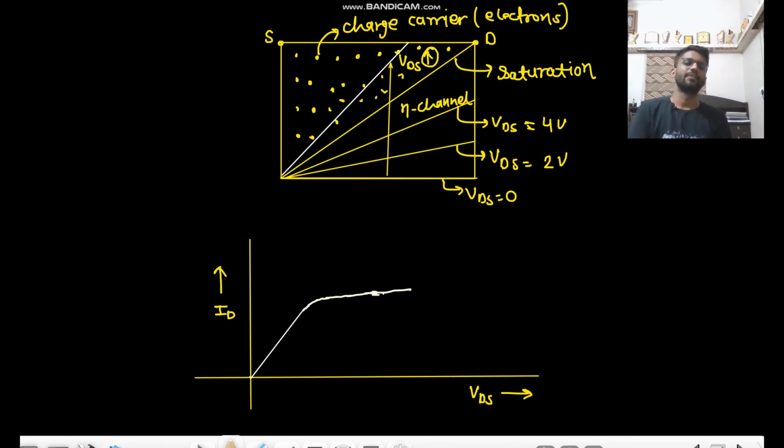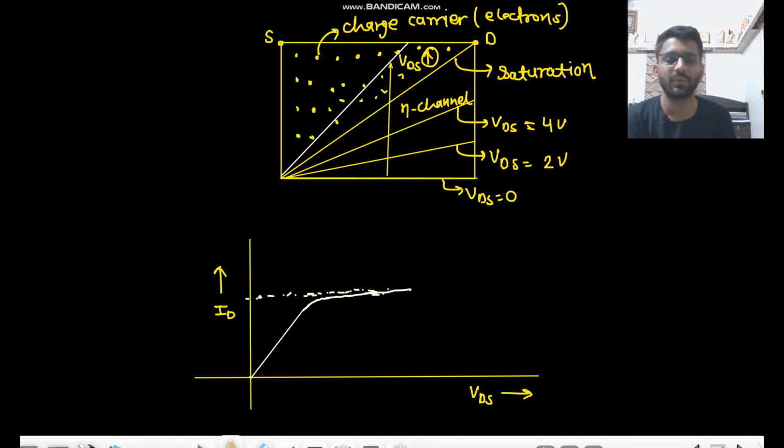Ideally it will saturate, but we will see one condition where it doesn't saturate. It increases by a small margin, but ideally it will saturate. Why it increases, what that phenomenon is called, we will see.